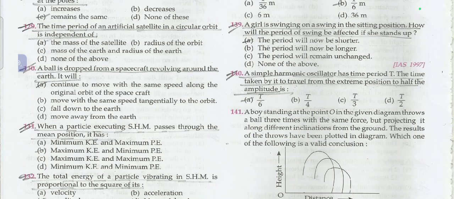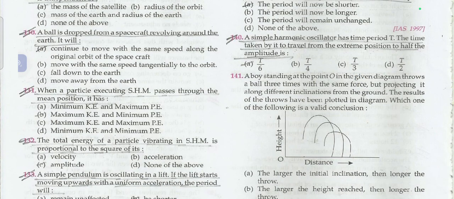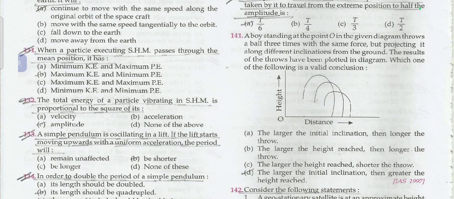It will continue to move with the same speed along the original orbit of the spacecraft. When a particle executing SHM, simple harmonic motion, passes through the mean position, it has maximum kinetic energy and minimum potential energy. The total energy of a particle vibrating in SHM is proportional to the square of its amplitude.